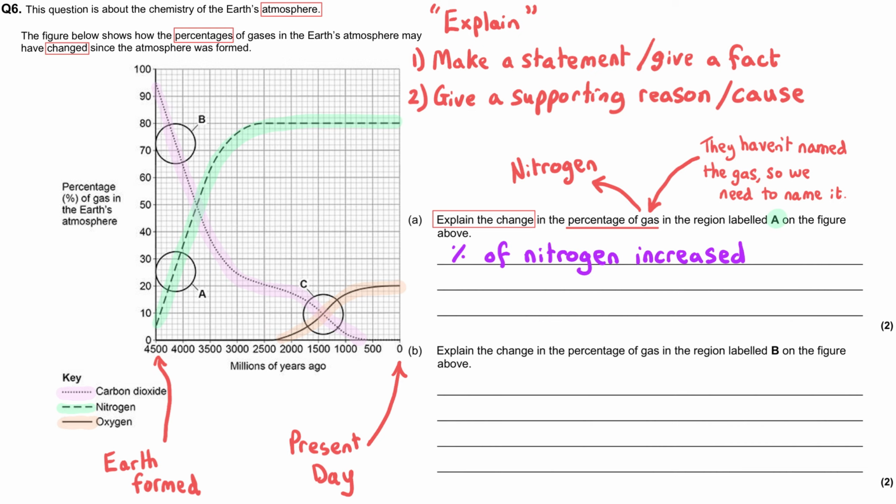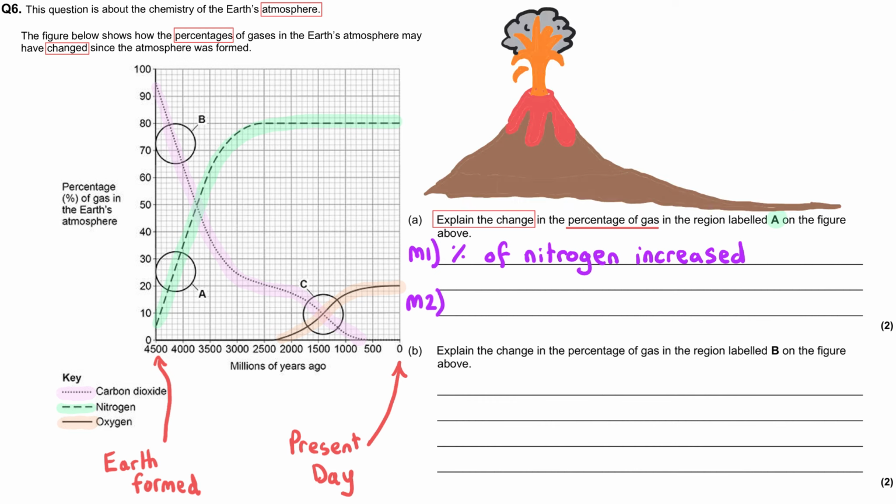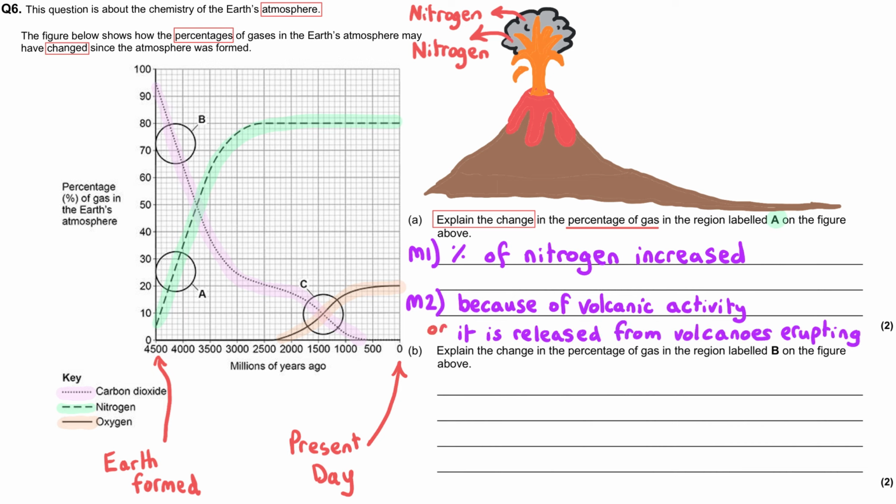And the reason that the nitrogen levels went up is that nitrogen was produced when volcanoes erupt. So we would say volcanic activity, or it was released when volcanoes erupted, or something like that. So one mark for the fact that the nitrogen increased, and another mark for linking it to the fact that it was caused by volcanic activity.